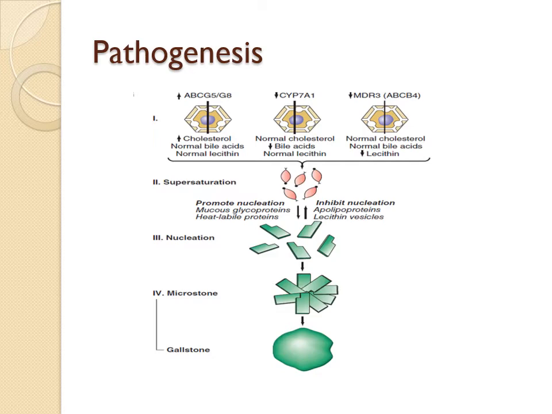For pronucleating proteins, we have your mucus glycoproteins and heat labile proteins, while your anti-nucleating proteins are your apolipoproteins and lecithin vesicles. So any imbalance between the pro and anti-nucleating proteins can lead to nucleation of your vesicles, and the nucleation of your vesicles would lead to microstone formation and eventually gallstone formation.